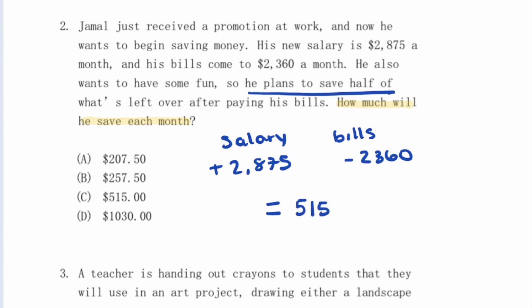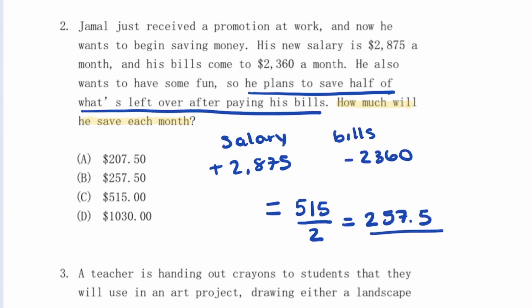Then we are going to look and see that he plans to save half of what's left over after paying bills. So we're going to divide 515 by 2, and we're going to get $257.50. So the answer is B.